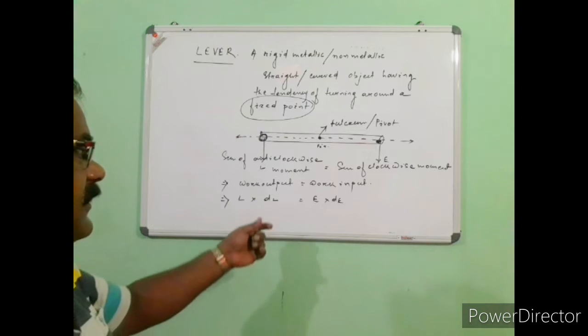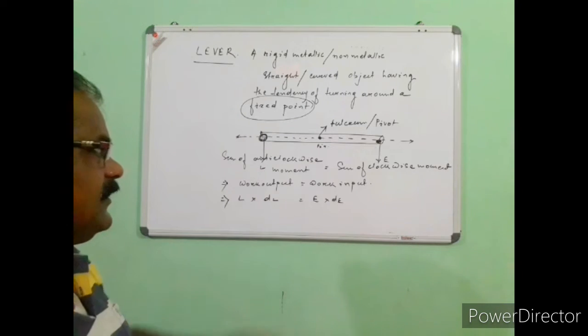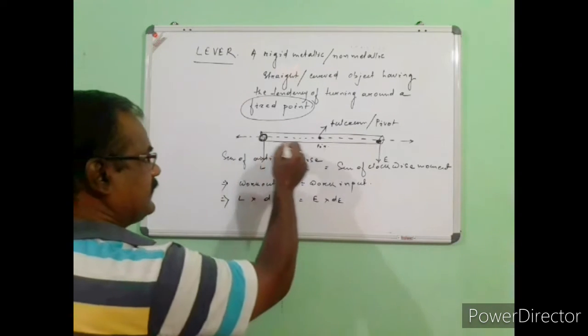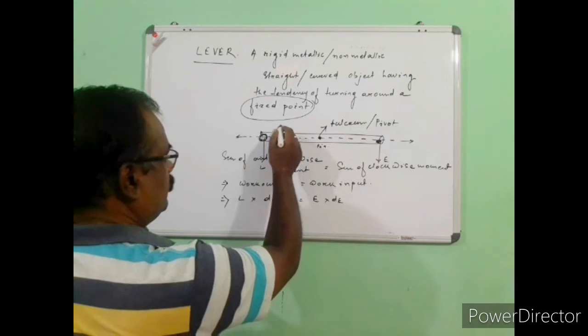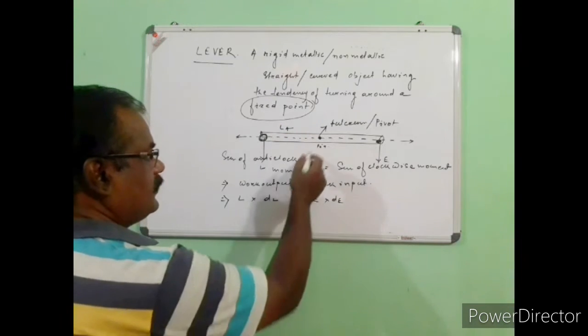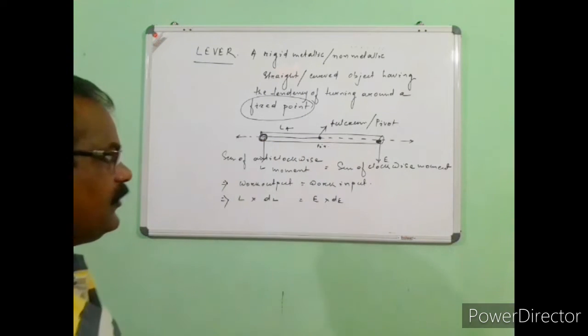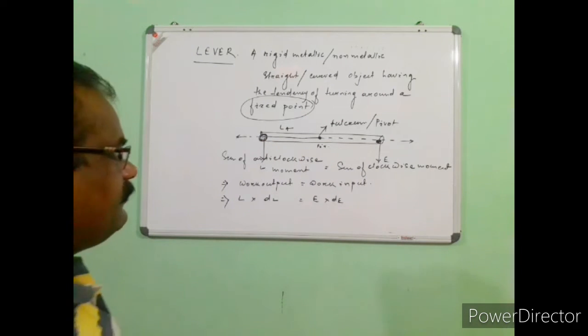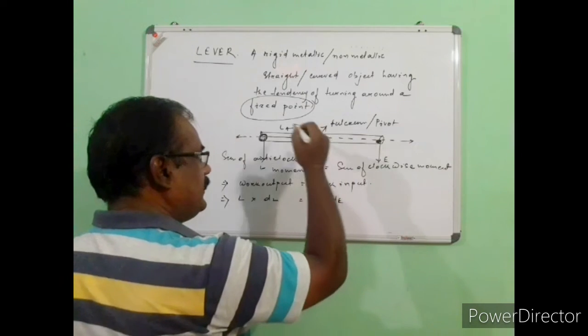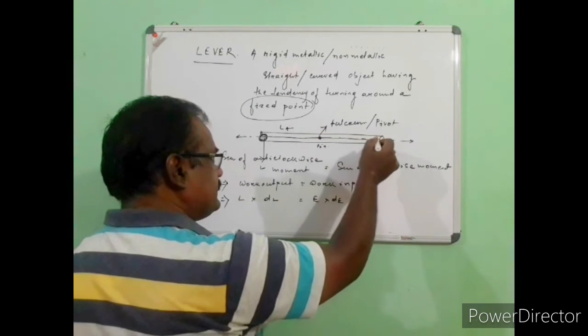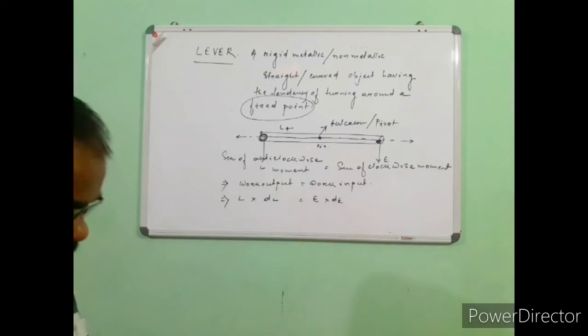The distance from the fulcrum to the load point is called the load arm, whereas the distance from the effort point to the fulcrum is called the effort arm.